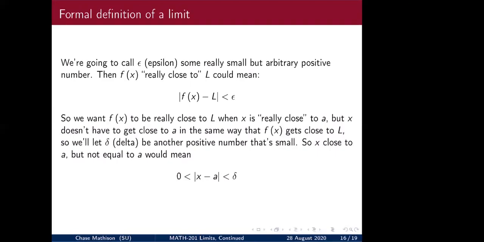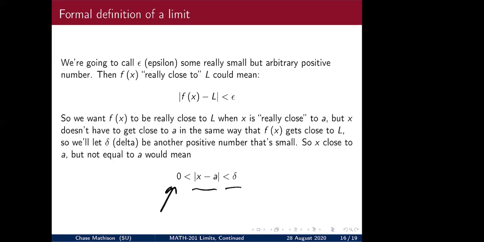If delta is very small, then the absolute value of x minus a is less than delta. That just means that x is very close to a. How close? Well, it's within delta units away, but not equal to. That's why we have this 0 here. That 0 keeps x from equaling a, because if x equals a, we actually do get 0 there, right? So that's why we have 0 is strictly less than the absolute value of x minus a, and that's less than delta. Okay.